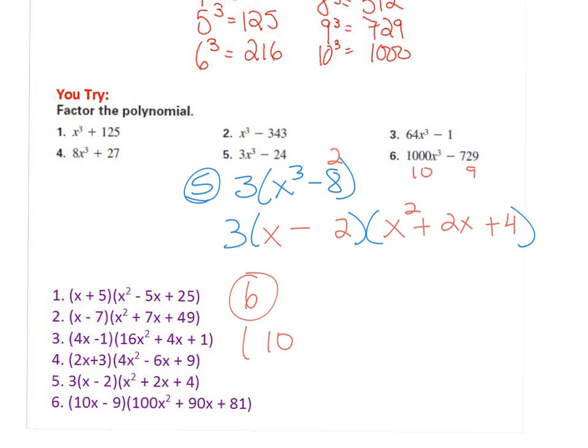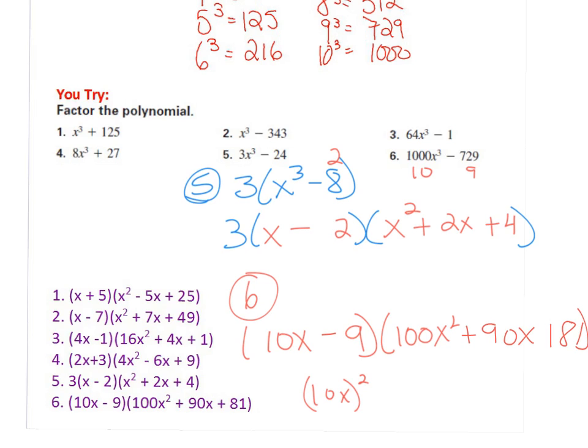So we got 10x and 9. Then we have to do 10x squared. So that's 100x squared. Then it's 9 times 10x, which is 90x, and then 9 squared. Same, opposite, always positive. You will get a lot of practice on your homework with these.